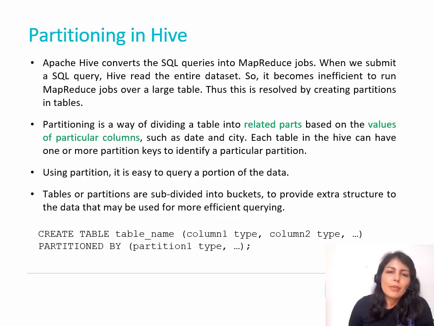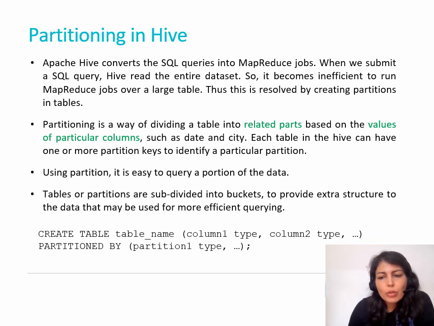So, partitioning in Hive. When you submit a query in Hive, Hive reads the whole data set into a table and converts your SQL query into MapReduce jobs, and then runs MapReduce jobs over that large table. So this is not actually efficient.